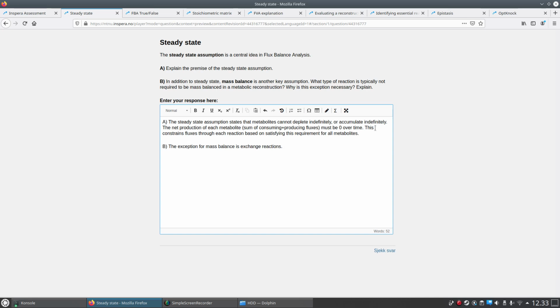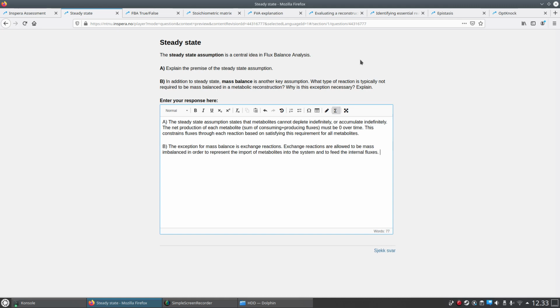So exchange reactions are allowed to be mass imbalanced in order to represent the import of metabolites into the system and to feed the internal fluxes.